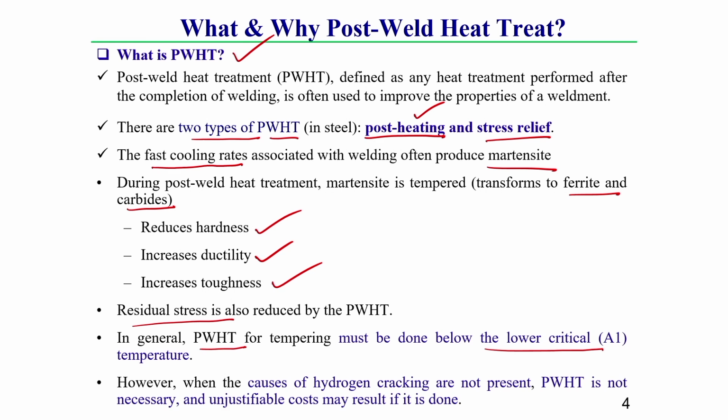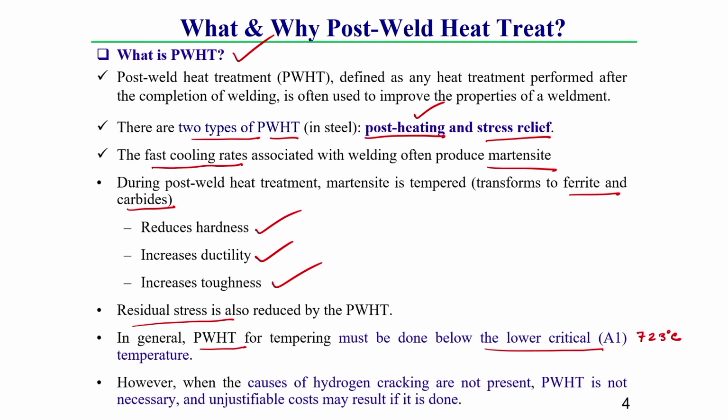In case of mild steel, it is generally 723 degree centigrade, you know this. So it is carried out below this temperature limit. In mild steel it is this, but some other steels can have a little higher range. Another thing to keep in mind is that post weld heat treatment is a costly as well as time consuming process.